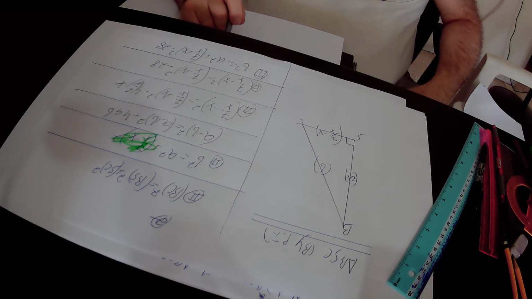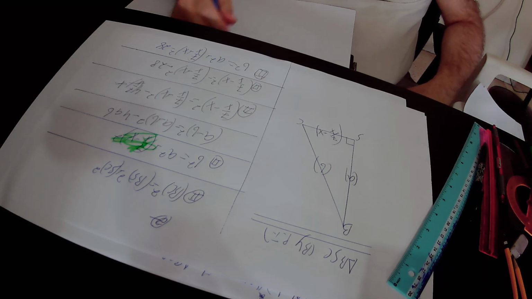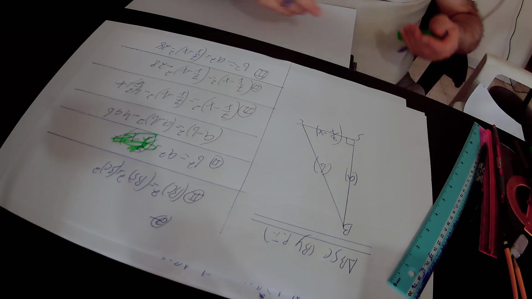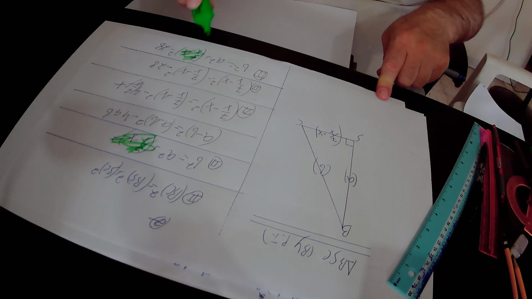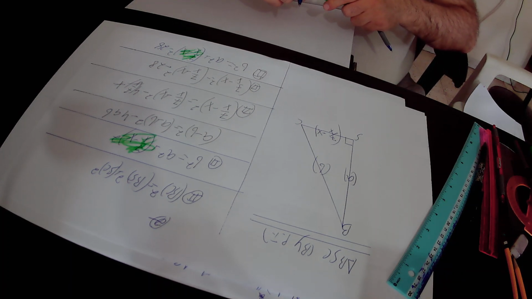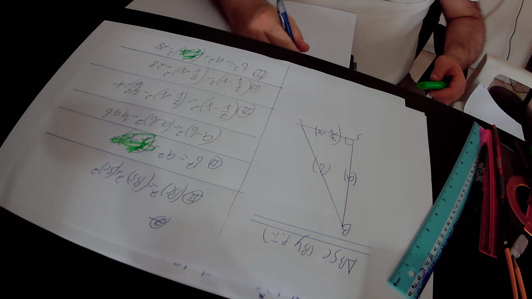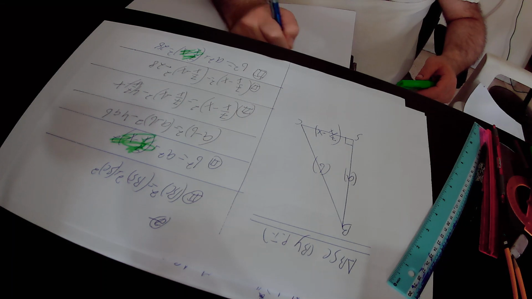This is according to equation 2. While according to equation 1, we have already found out that 7 over x plus x equals a plus b.